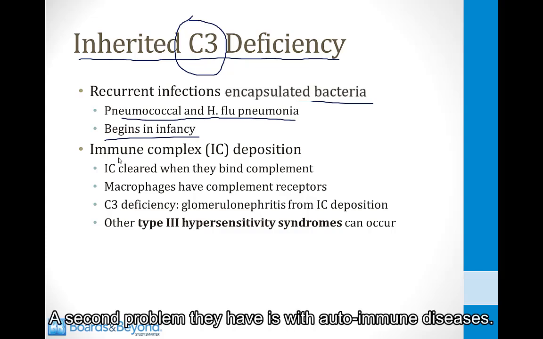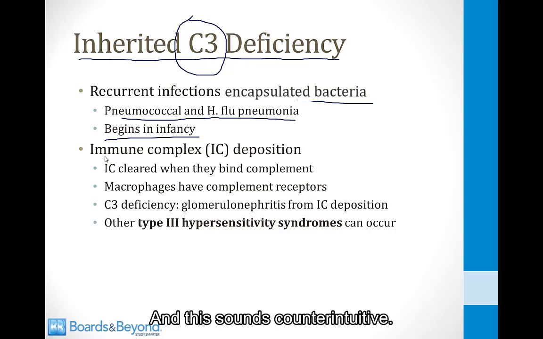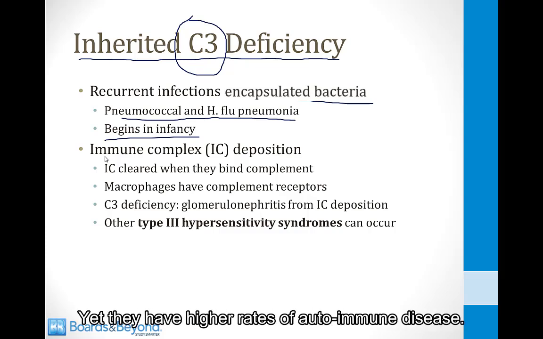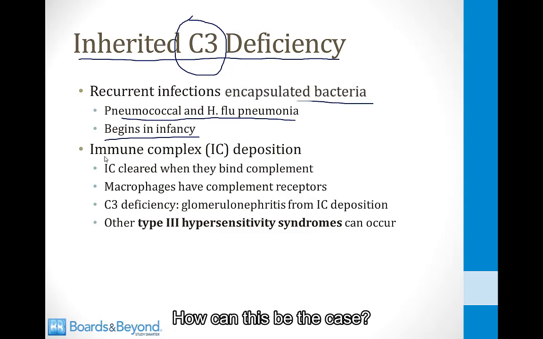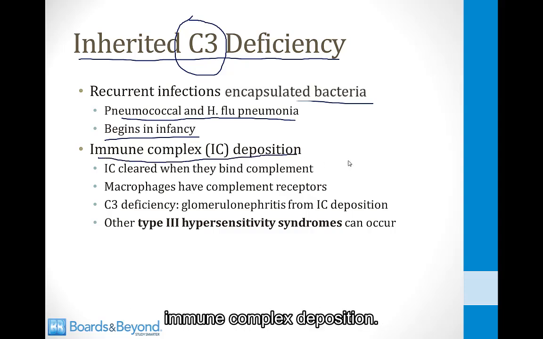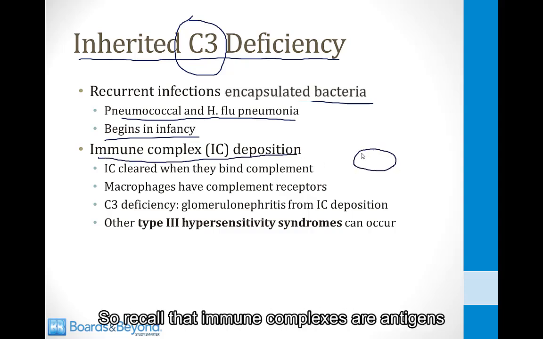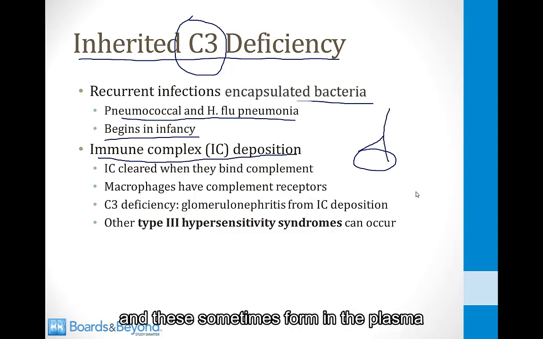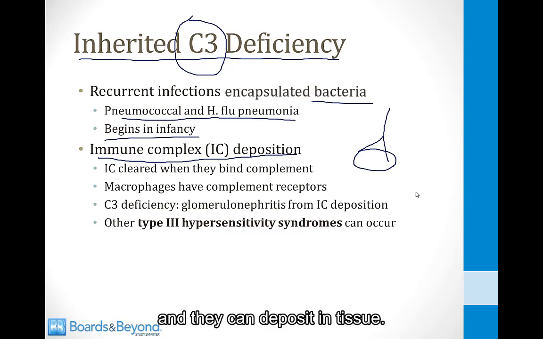A second problem they have is with autoimmune diseases, and this sounds counterintuitive. These children lack a portion of the immune system, yet they have higher rates of autoimmune disease. How can this be the case? Well, the pathophysiology has to do with immune complex deposition. So recall that immune complexes are antigens bound to an antibody, usually an IgG antibody, and these sometimes form in the plasma and they can deposit in tissue.